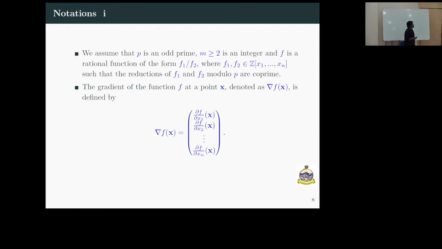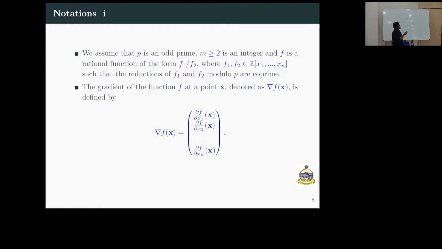Okay, first let us fix a few notations. For f, we are taking rational functions of the form f1 by f2, where f1 and f2 are polynomials in x1 to xn. We are in the multivariable case, so naturally we will take the notion of gradient. This is a vector where we are taking all the partials: since we have n variables, you take the column vector del f del x1, del f del x2, to del f del xn at the point x.